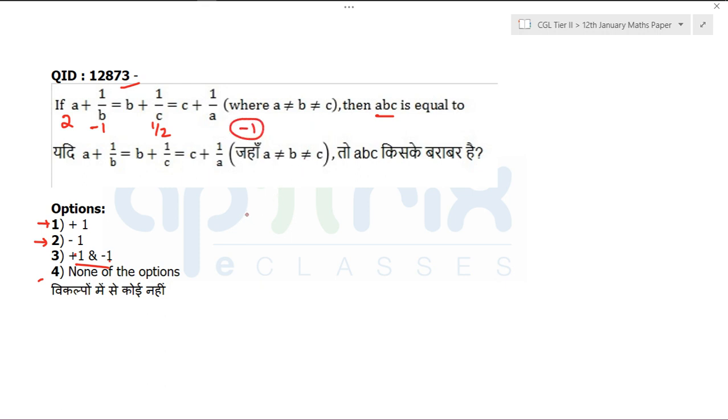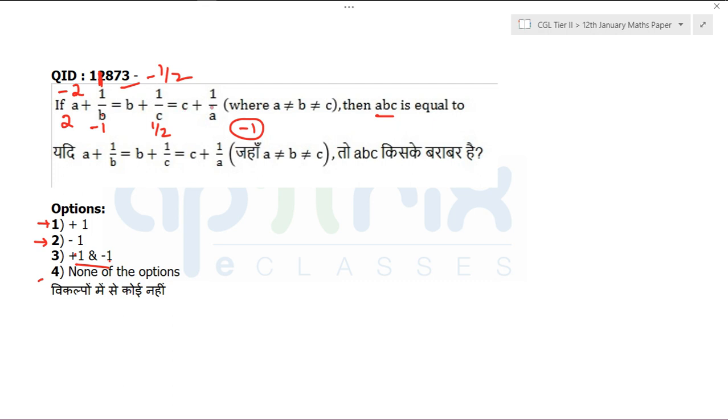But then I have to think about whether there can be any other answer. If you take the product, you are going to get -1. So let me try it out with a is equal to -2, b is equal to 1, and c is equal to -1 by 2. You just see here, is the condition satisfied or not? -2 plus 1 will be equal to -1. This will be 1 minus 2, again -1. This is -1 by 2 minus 1 by 2, again -1.